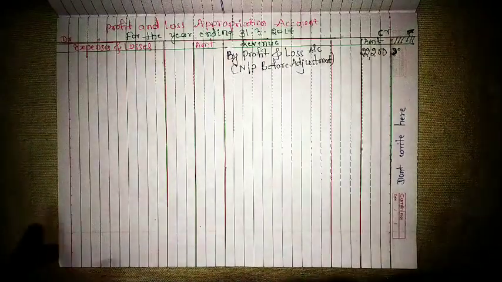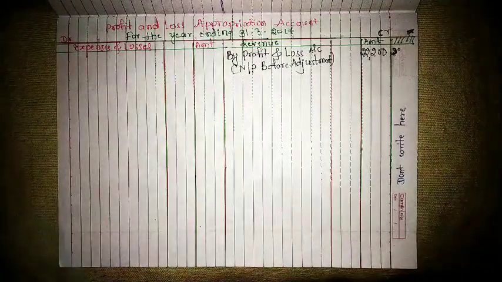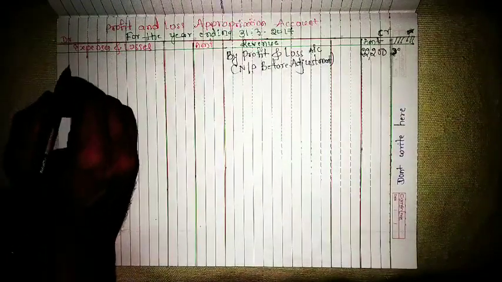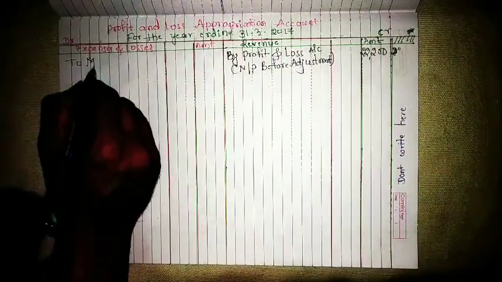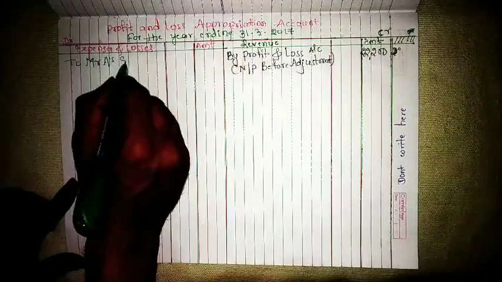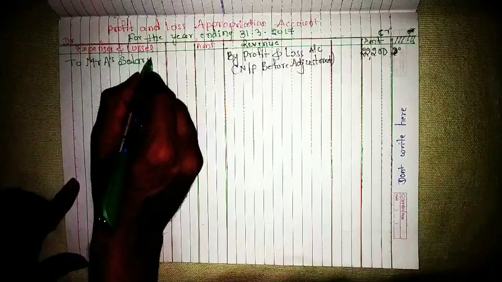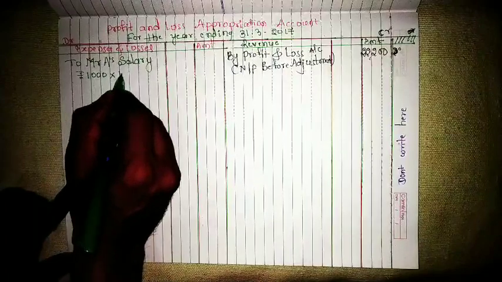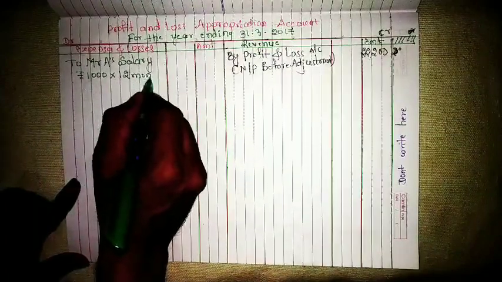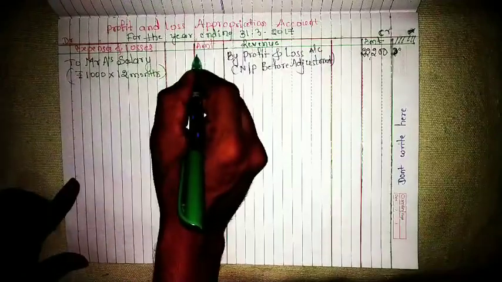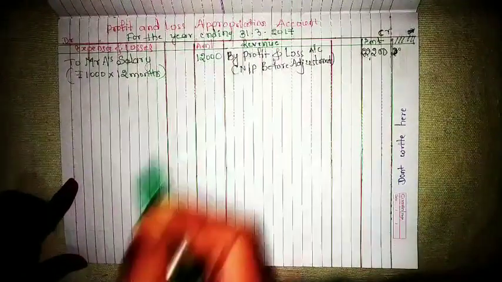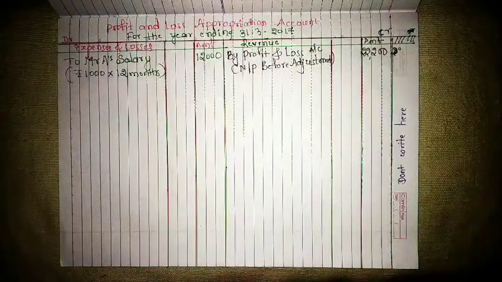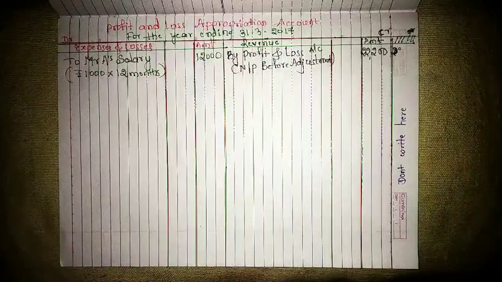Now, the debit side. Before Mr. A's salary, right here, to Mr. A's salary, rupees 1,000 into 12 months, it is rupees 12,000. Completed? If completed, follow me.